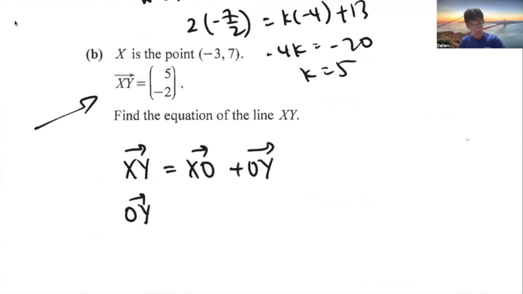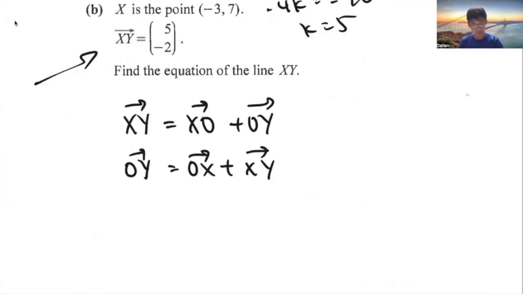So OY equals OX plus XY, right? OX is (-3, 7).